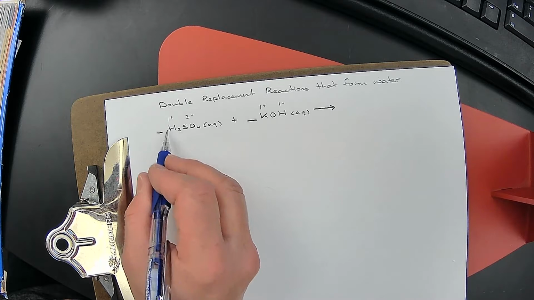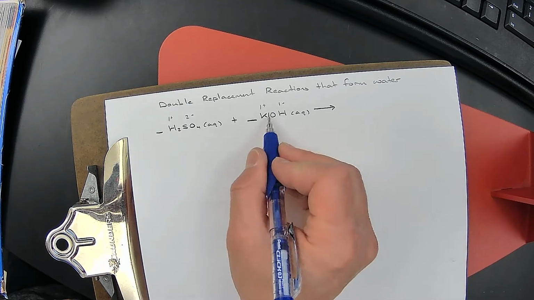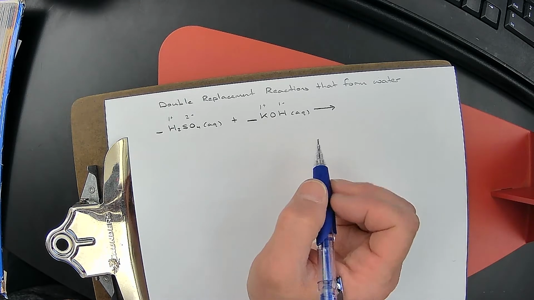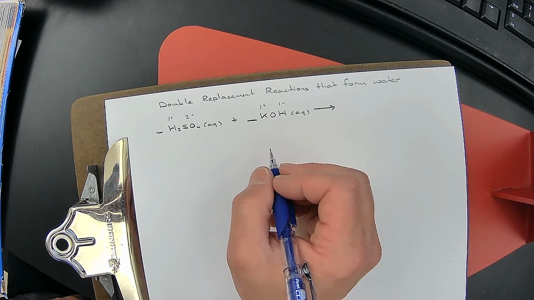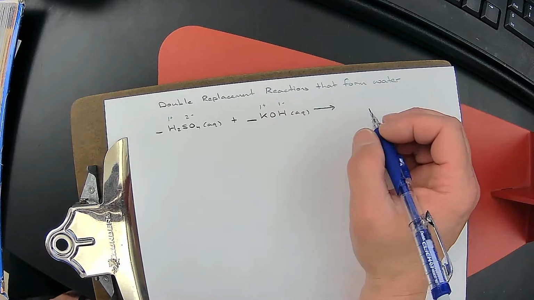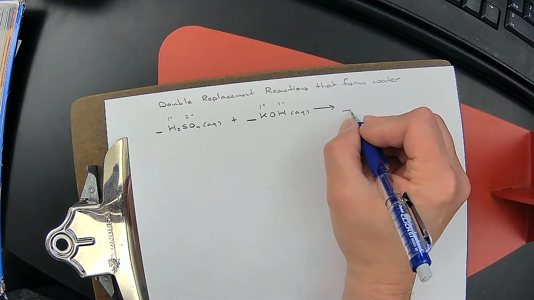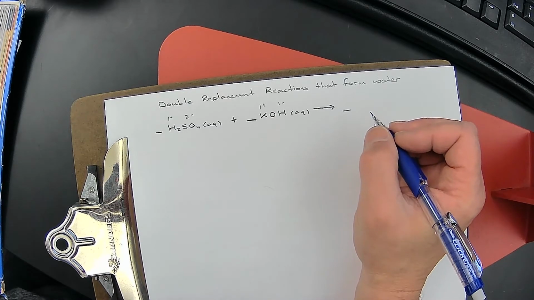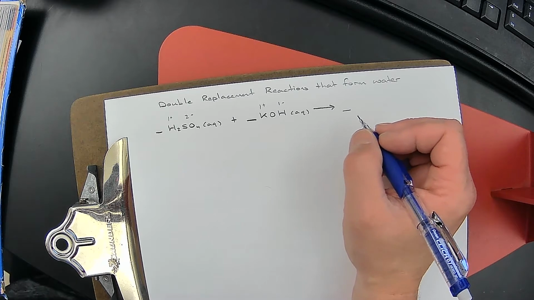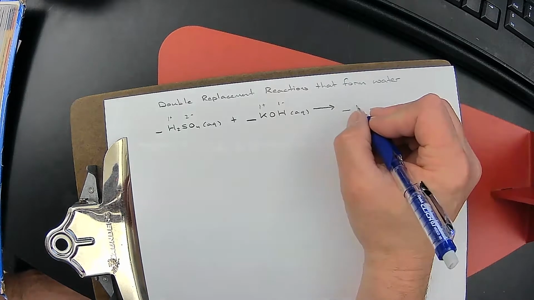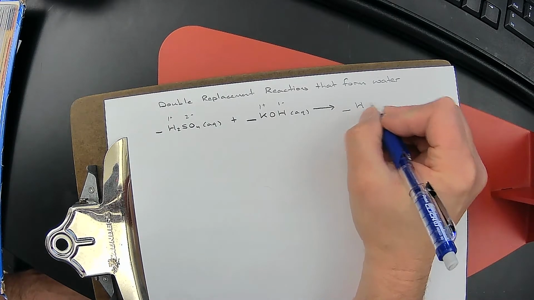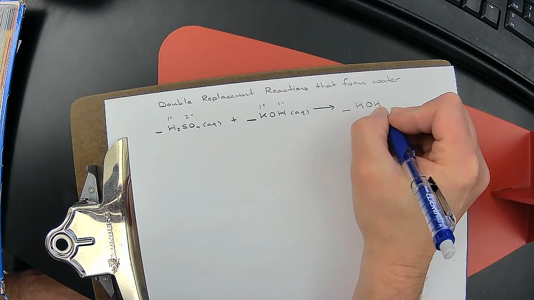When the H plus goes with the OH minus, it forms H2O. So we get this product as being H2O. H plus with, technically it looks like this, HOH.